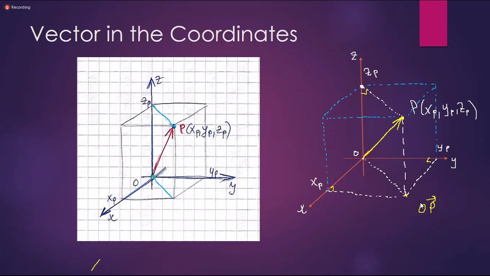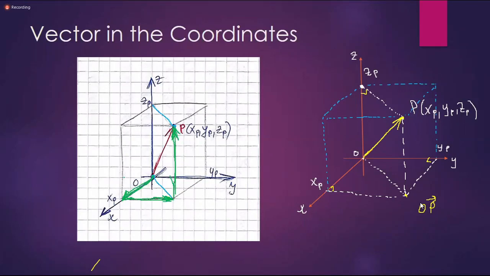In other words, if I want to go from O to P following the directions of the axes, I go first along the x-axis, then I go in the direction of the y-axis the correct distance, the correct direction, and then finally I go the correct distance in the direction of the z-axis, like this.